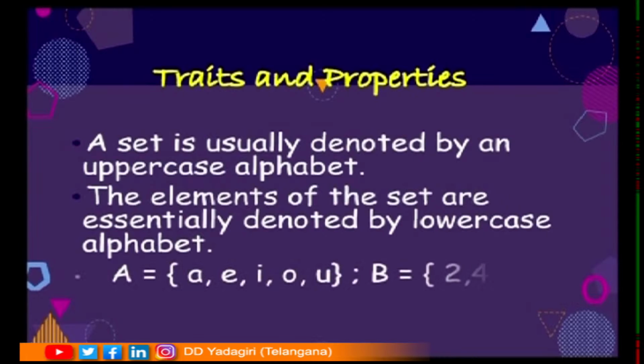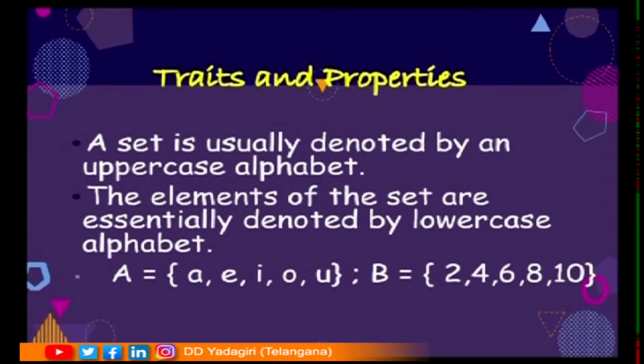Let us take an example of a set A consisting of the vowels a, e, i, o, u. If you have observed, I have denoted the set A with an uppercase letter, that is a capital letter A, and the elements of the set A are essentially the lowercase letters.